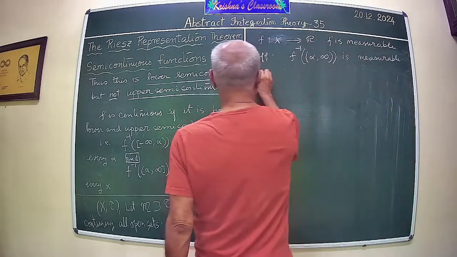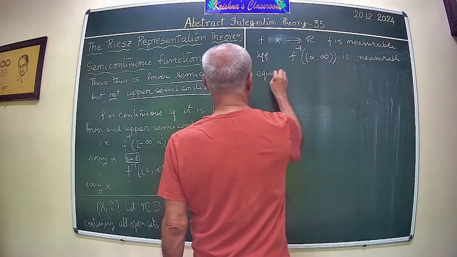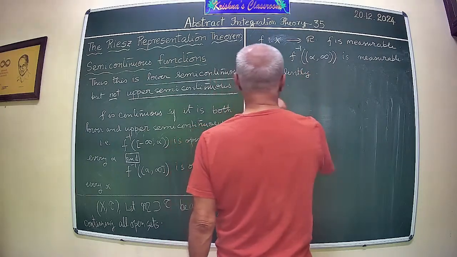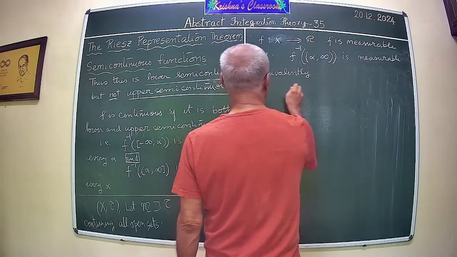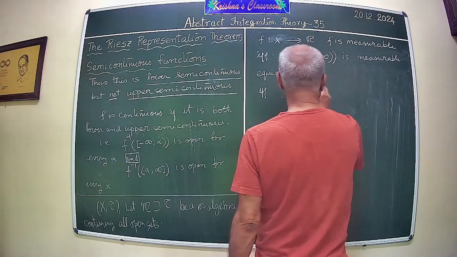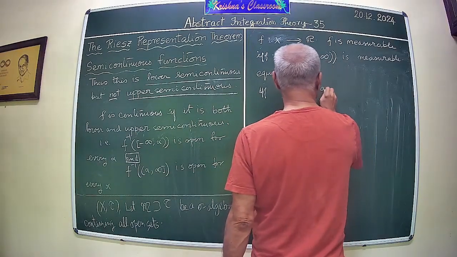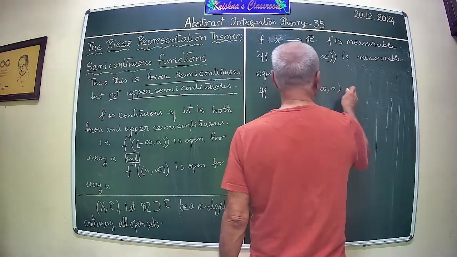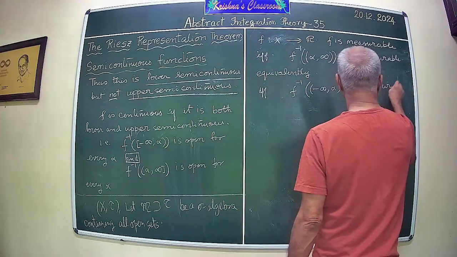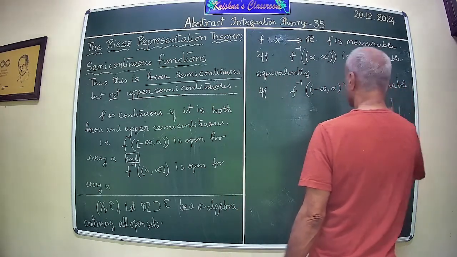Which is equivalently if and only if F inverse of minus infinity alpha is measurable. Of course, for every alpha.